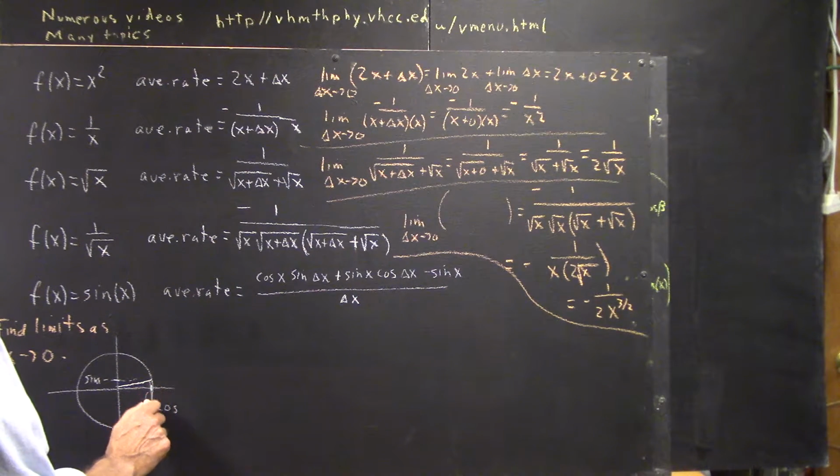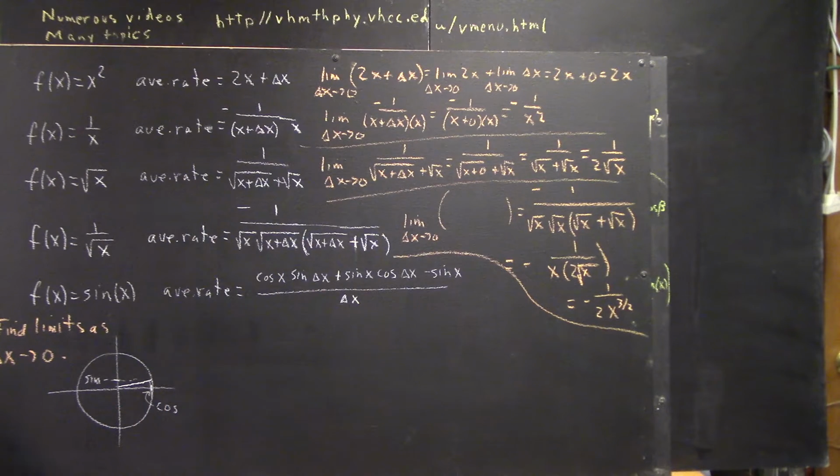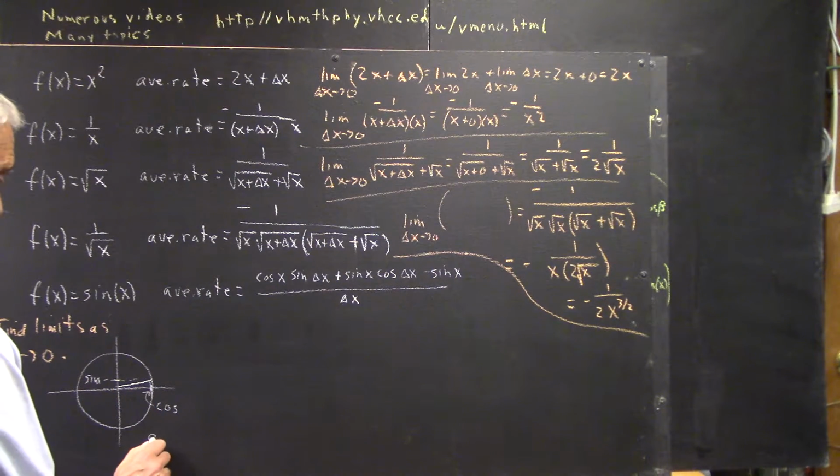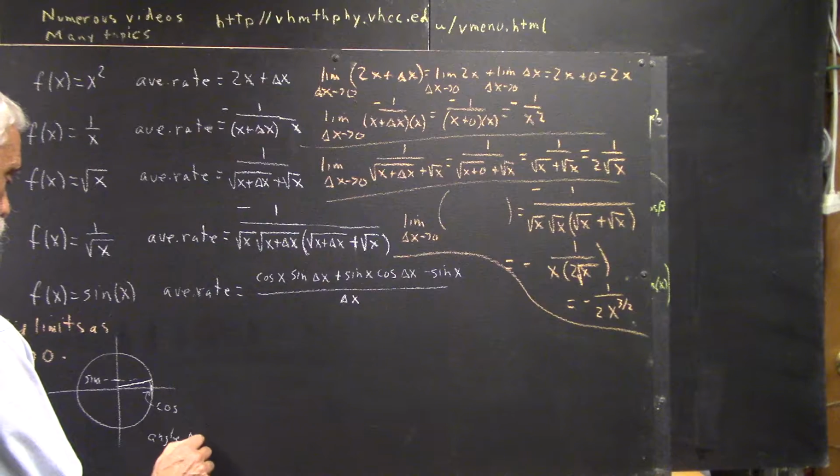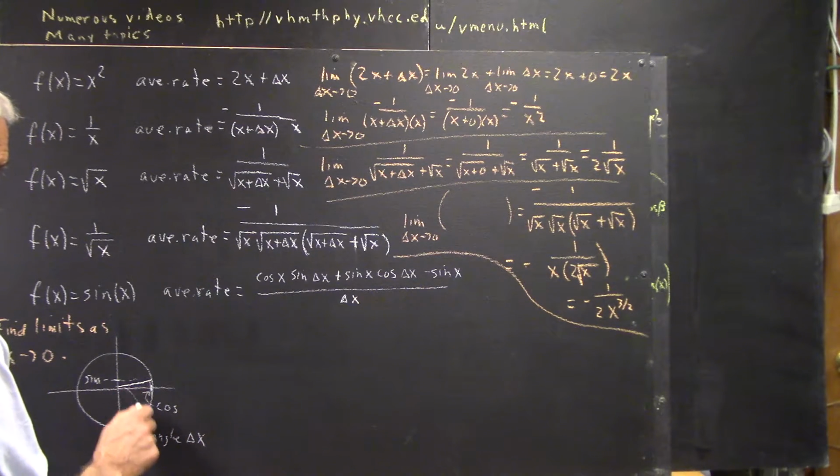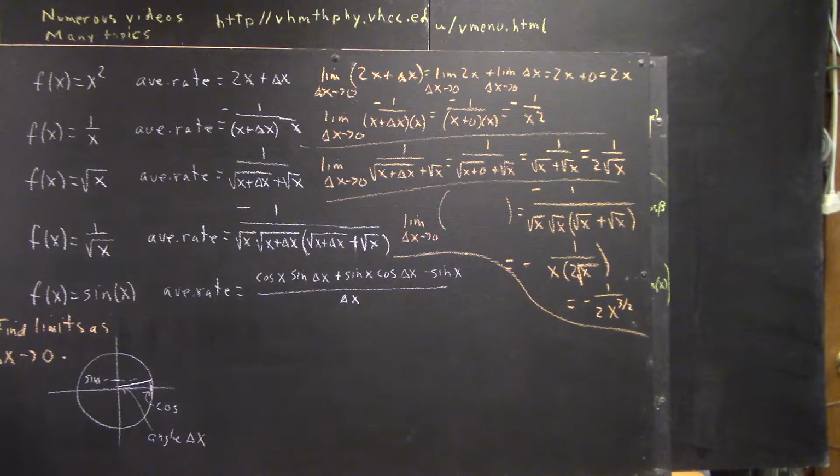And of course, we're talking about the unit circle definition, and I assume you're completely aware of how to use the unit circle and how it represents sines and cosines. If you're not, you need to be. Okay? So, the sine is this coordinate, the cosine is this coordinate. Clearly, as the angle delta x approaches zero, what happens to the value of the sine? Well, the closer this gets to zero, the closer this gets to zero.